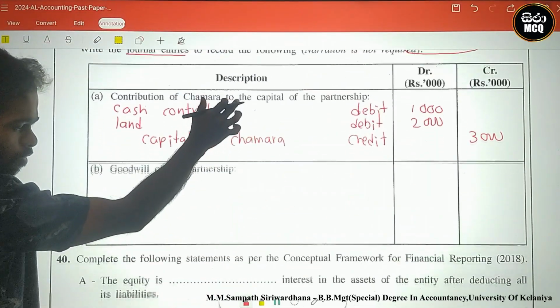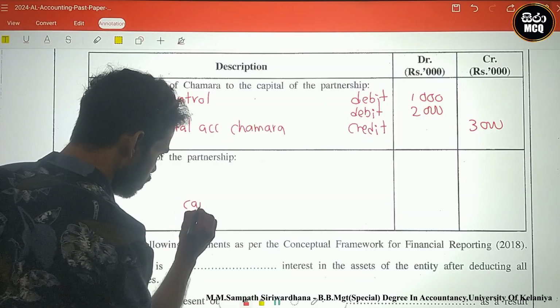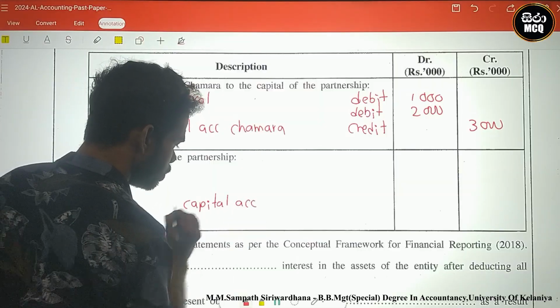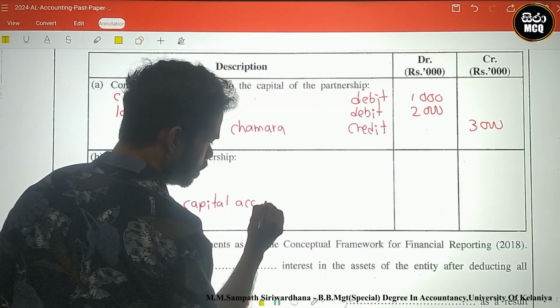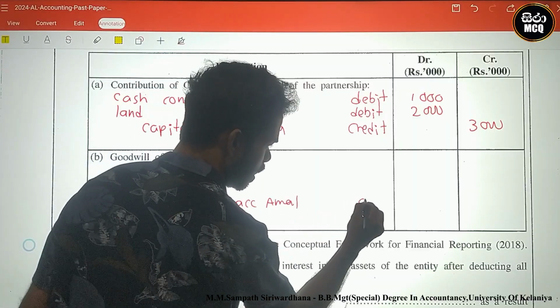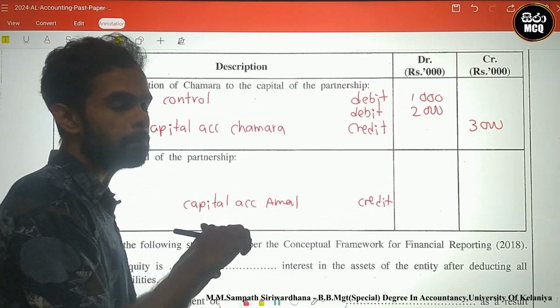Firstly, I credit the capital accounts. Firstly, Amal capital account credit 600 in the old ratio.